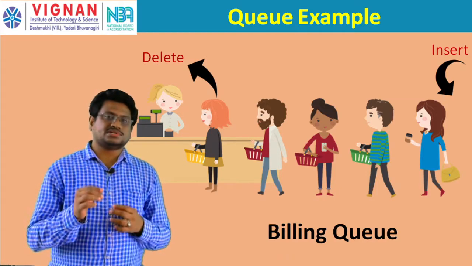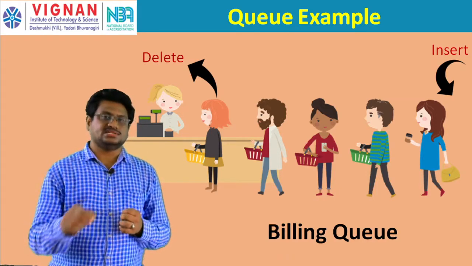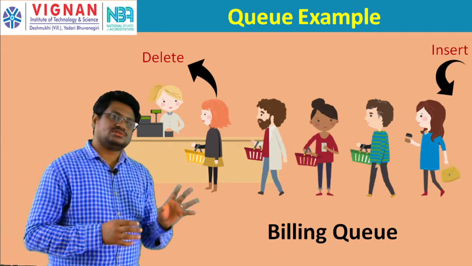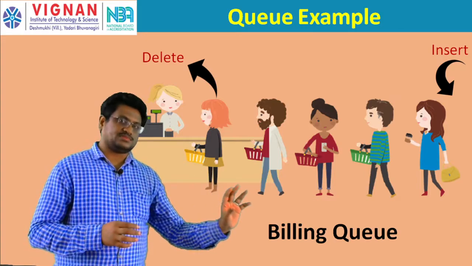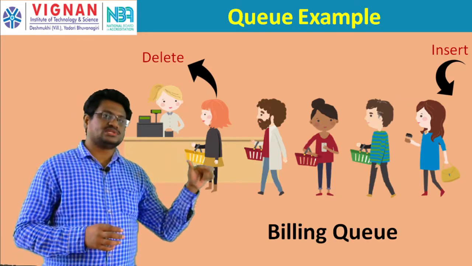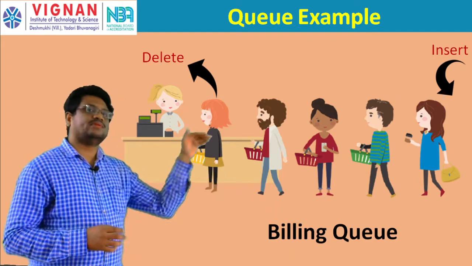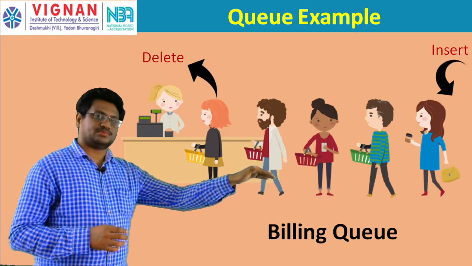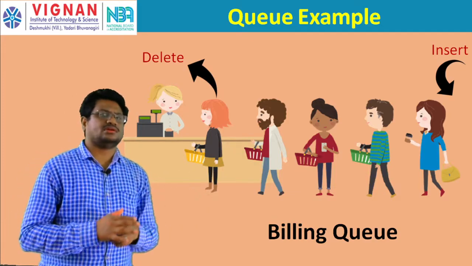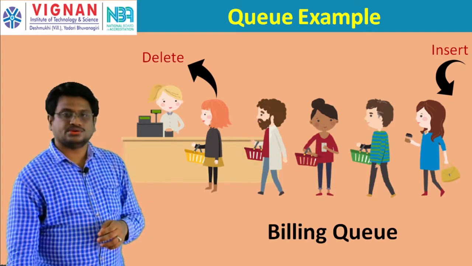Whoever reserves the seats first, those seats will be allotted to the first person, not the second person. Am I right? The first person booked the seats first. So whoever did the process first will be treated first. That is one example for queues.